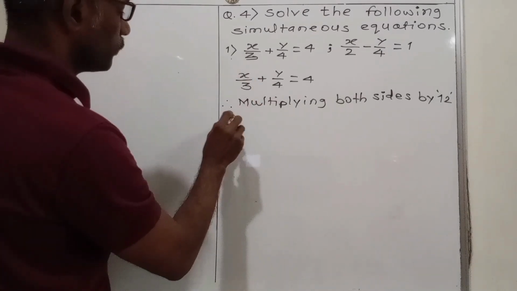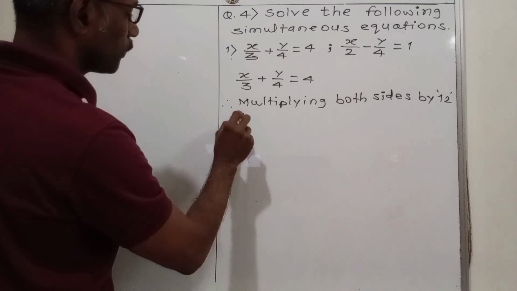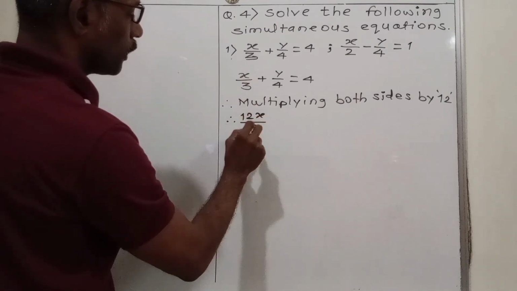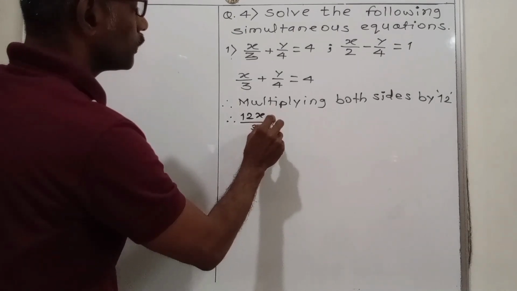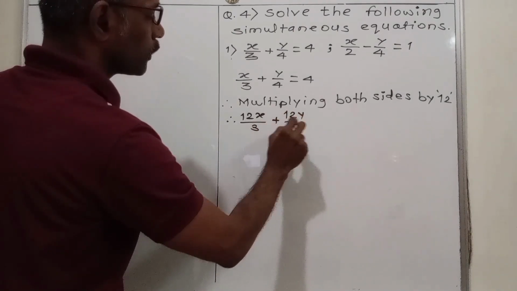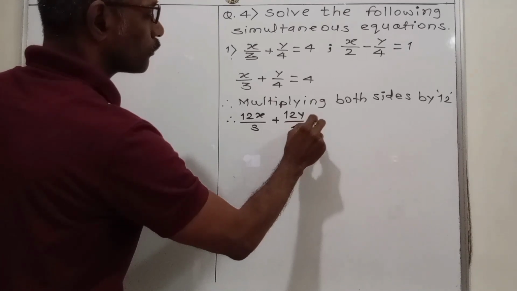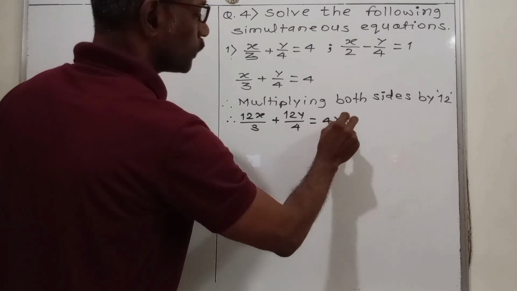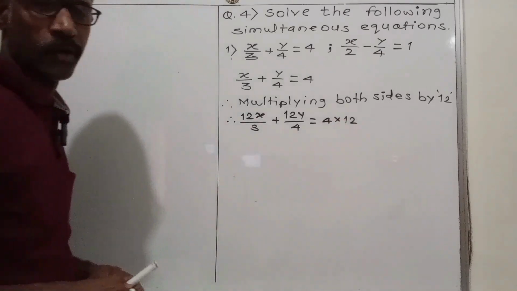See here, we multiply. Therefore, 12 into x upon 3 plus 12y upon 4 is equal to 4 into 12.